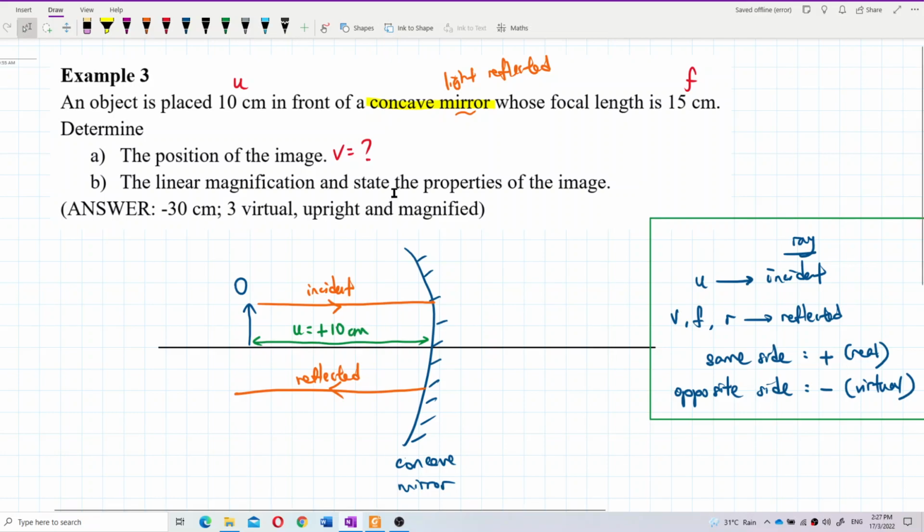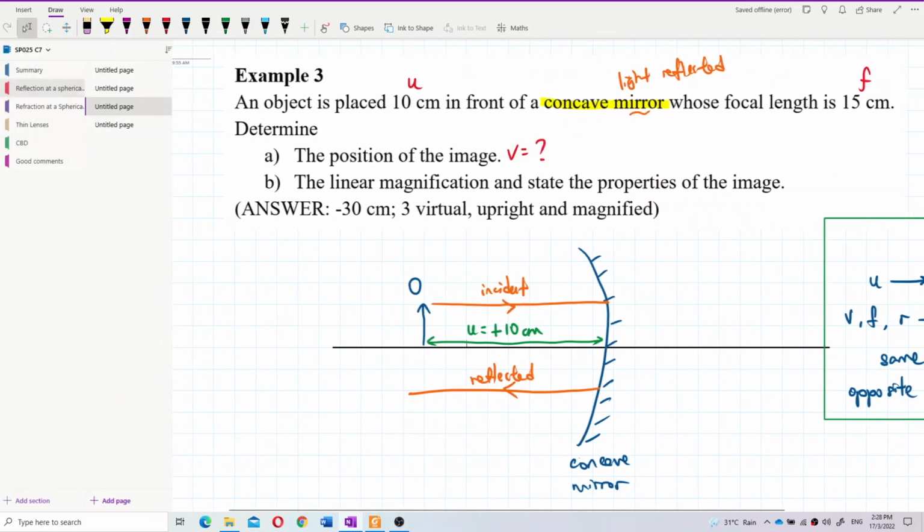And then how about the focal length? Because it's a concave mirror, should this focal length be positive or negative? Look at this concave mirror. Where is the radius, or where is the center of curvature?